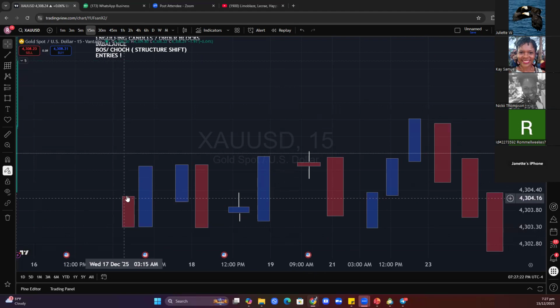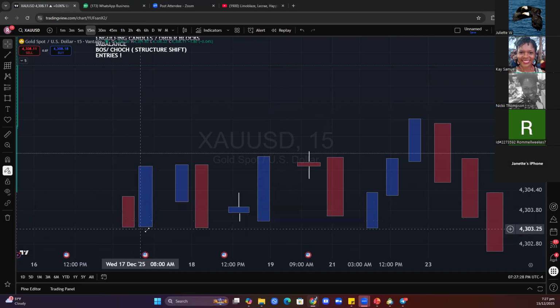What do I mean? For example, this sell candle got engulfed, right? Which means the beginning of all of this momentum to the upside, of course, started within this area.